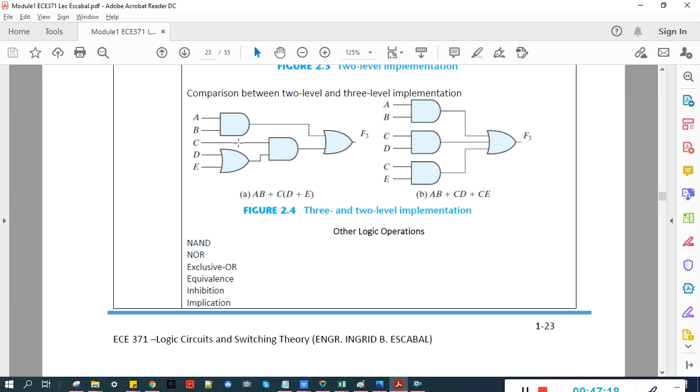Which implementation is better? If we look at both logic diagrams, this is more uniform and more balanced compared to this. And they have the same number of gates, 1, 2, 3, 4, 1, 2, 3, 4, but this one is more balanced. And I think letter B is preferred compared to letter A because the delay is very important in logic circuits.